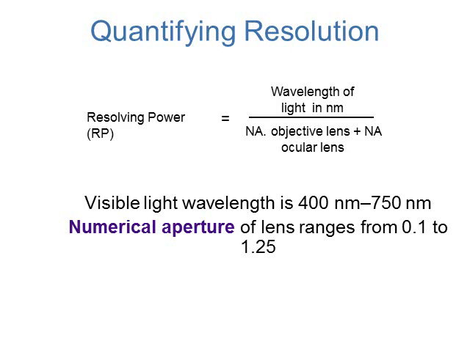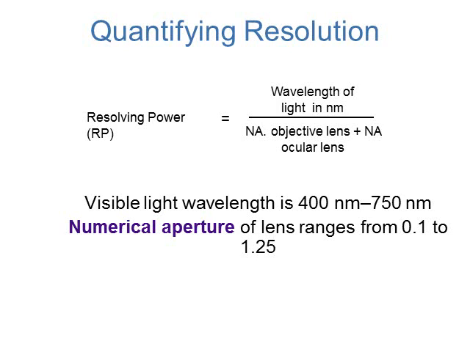You can also quantify the resolution, or actually give it a number. So your resolving power just equals the wavelength of light in nanometers, and this is usually given to you or you have to figure it out. And then you divide this by the numerical aperture of the objective lens plus the numerical aperture of the ocular lens.